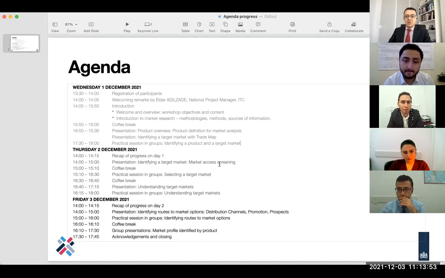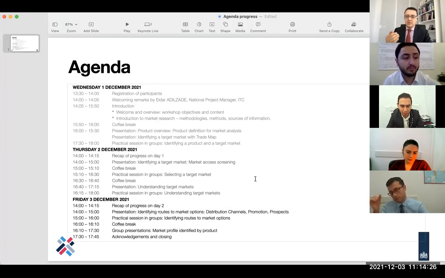Then yesterday we discussed market access conditions and tariffs, how to assess tariffs and understand your competitive position vis-a-vis other players in the market, and therefore how to select a target market. Once we had selected that target market, we started looking at the key questions to guide your thinking towards completing an understanding of the market.